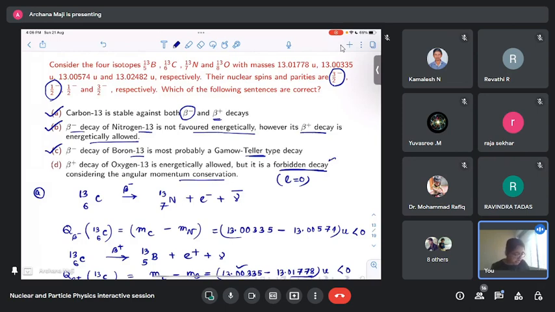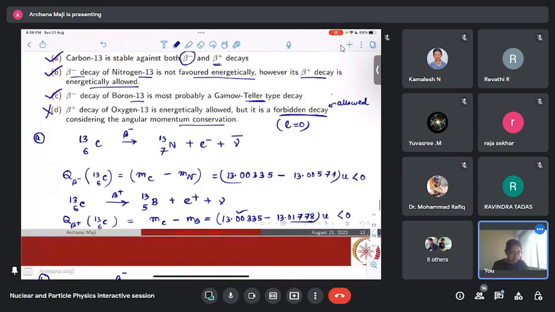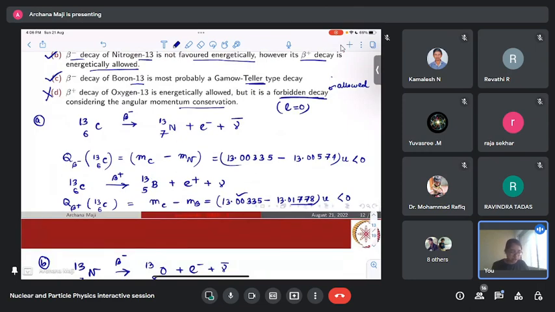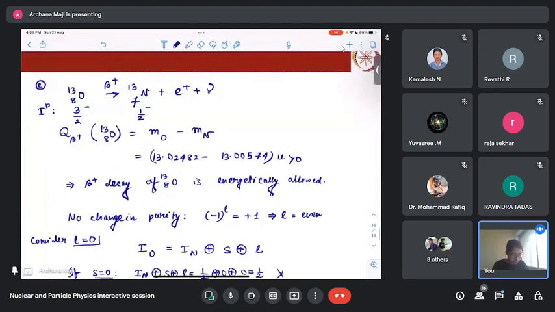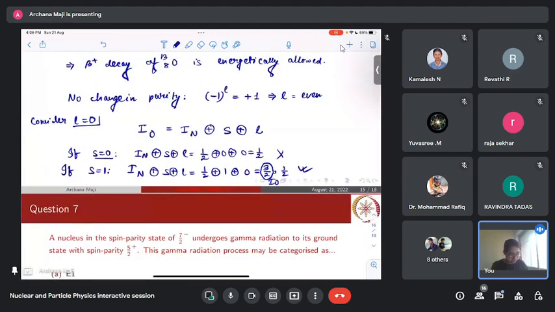That means the decay is allowed and not forbidden. So option D is incorrect. I didn't have to check whether S equal to 0 or not, because it is not asking whether it is Gamow-Teller type or Fermi type. Anyway, it is allowed and Gamow-Teller type.